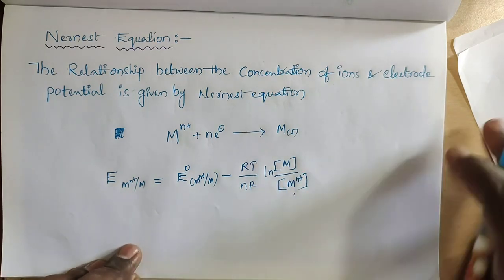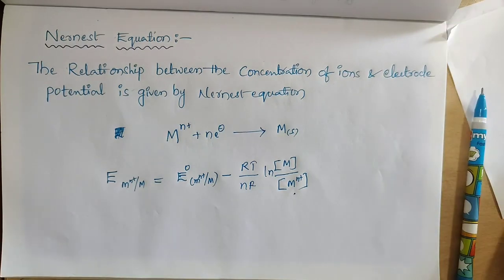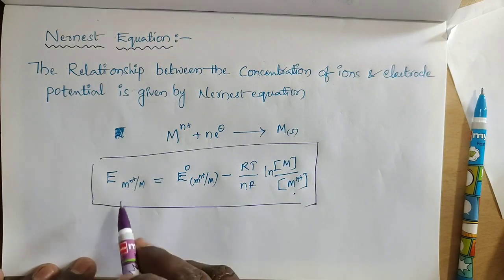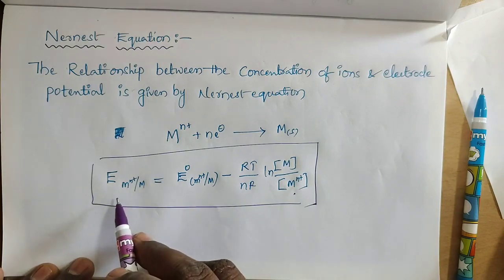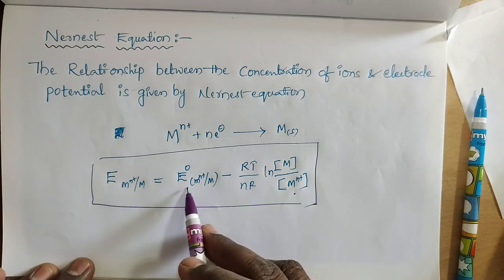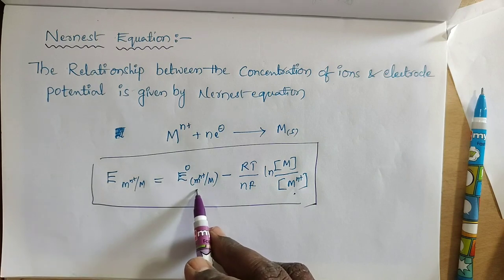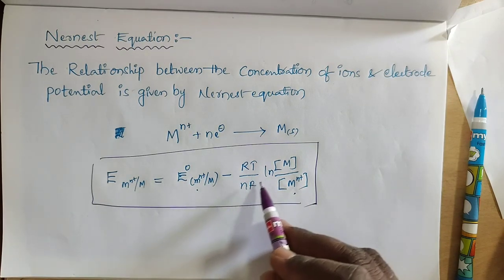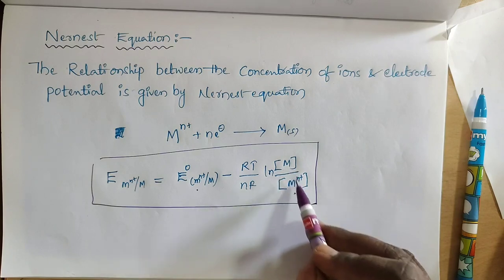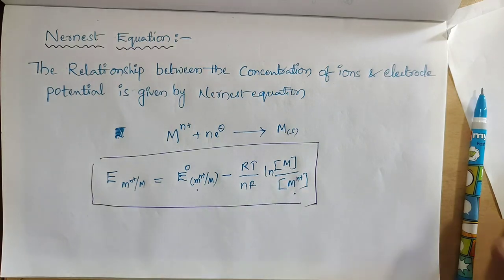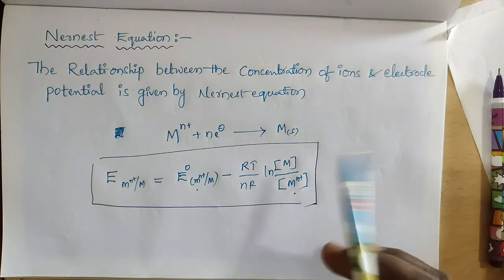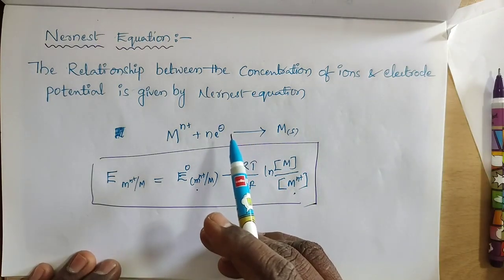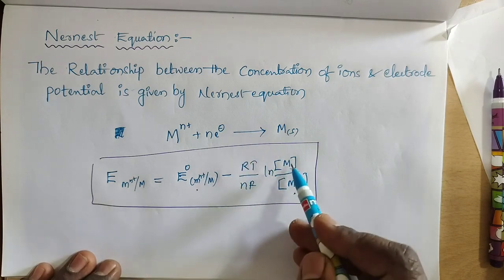So this is the formula. Which formula is this? This is the Nernst formula. But the concentration of solid M is taken as unit value, so we take the M value as 1.